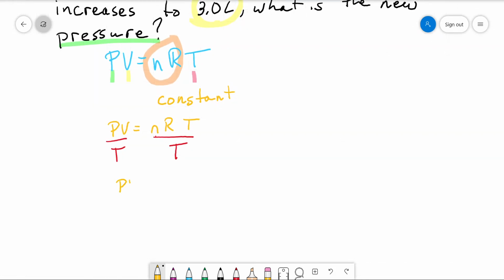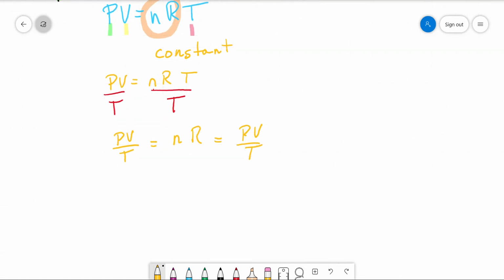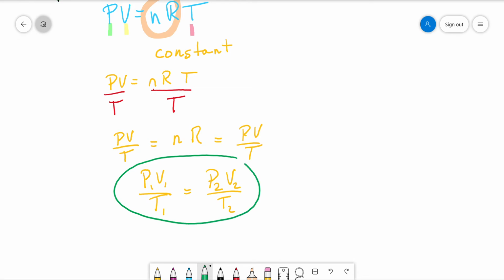Okay, so we get PV over T is equal to nR, which we can set equal to PV over T, which means our equation that we want is P1 V1 over T1 is equal to P2 V2 over T2. This is sometimes called the combined gas law because we've combined a couple of gas laws.